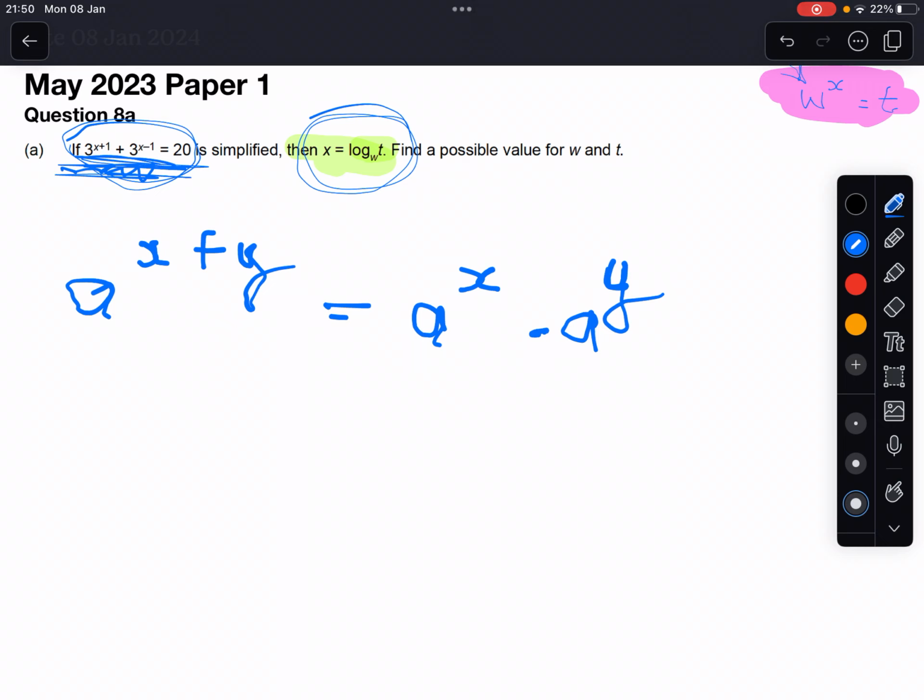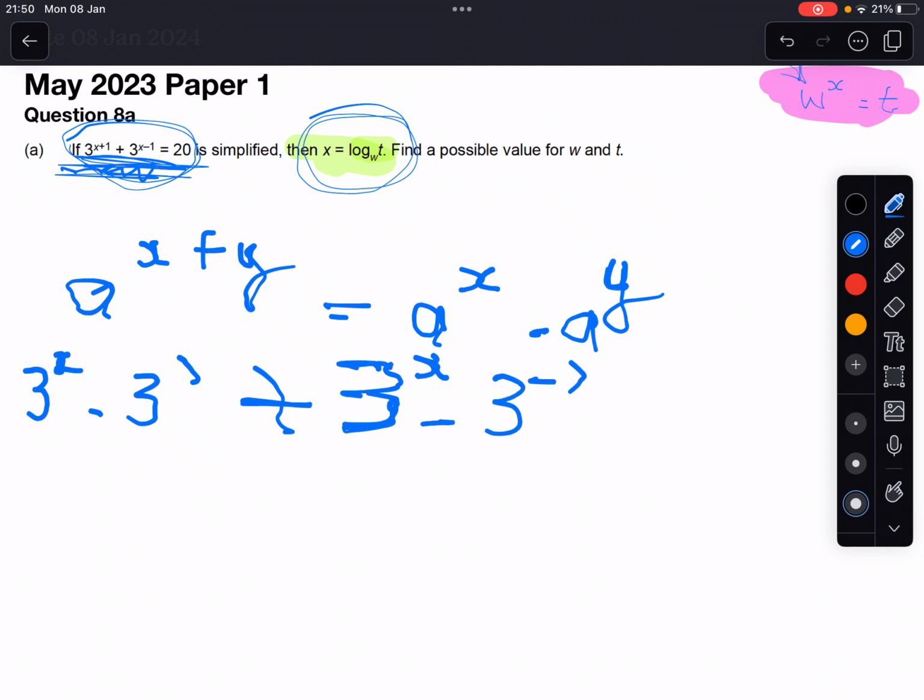So we have 3 to the power of x plus 1, which is just the same as 3 to the power of x times 3 to the power of 1. And then our next term, please bear with me and my pen struggling with straight lines, will be 3 to the power of x times 3 to the power of minus 1.